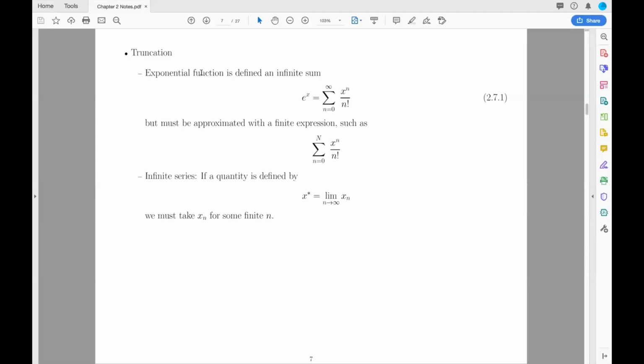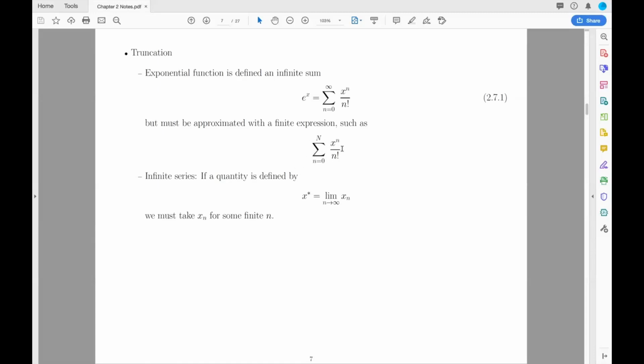For example, the exponential function, its definition is as an infinite sum. It's an infinite length polynomial. Now, one way to deal with that is to approximate it with a finite number of initial terms, which of course is like a capital N initial terms.